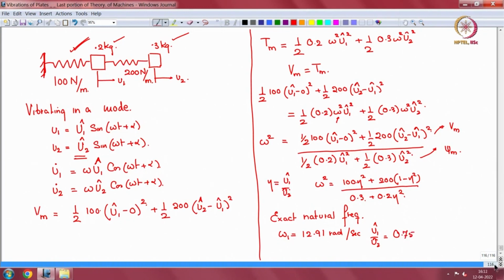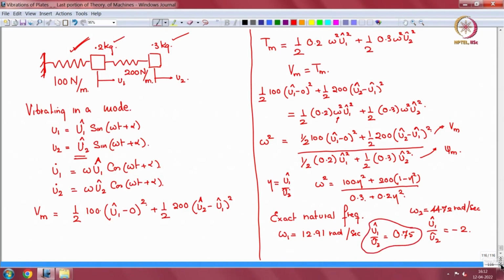And omega 2, the second natural frequency, is 44.72 radians per second, and the corresponding u1 hat by u2 hat is -2. So you can say that this is a mode shape, this is a mode shape.